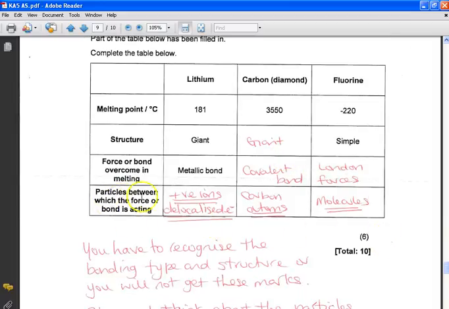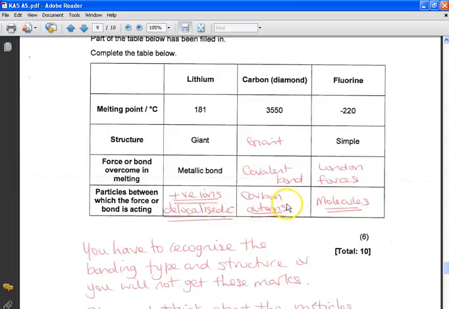Now here, the particles between which the force or bond is acting. I don't know why this seemed to cause more problems, like why you didn't seem to understand what it means by the particle between which the force or bond is acting. This metallic bond, the covalent bond, the London force, what is it acting between? Well, in a metallic bond, you have positive ions and delocalized electrons.